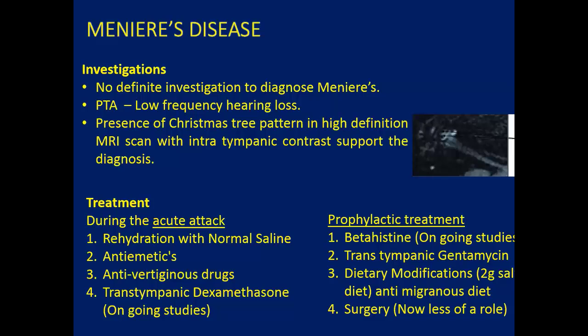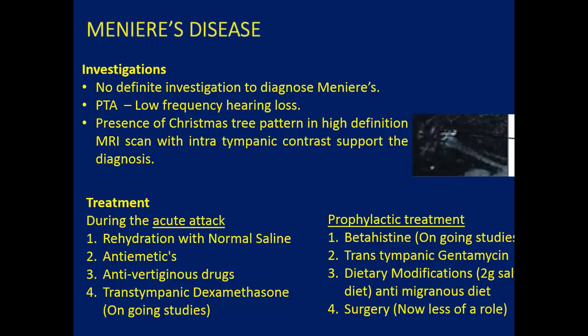So we give a drug called betahistine, and sometimes we can give injections into the middle ear. And then dietary modifications are important: a low salt diet. Surgery to correct this condition is less common now, but medication and intratympanic injections are quite popular.